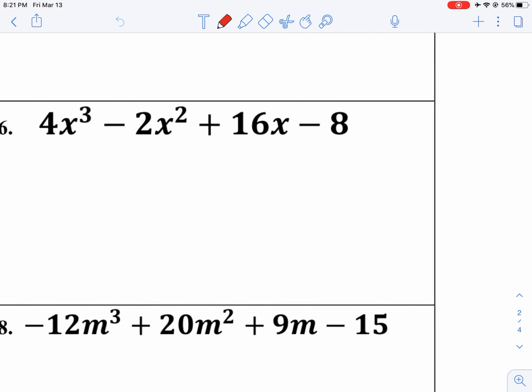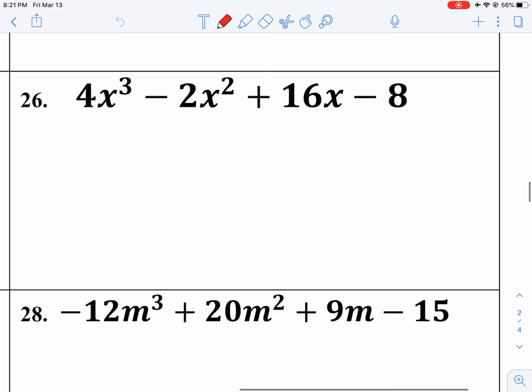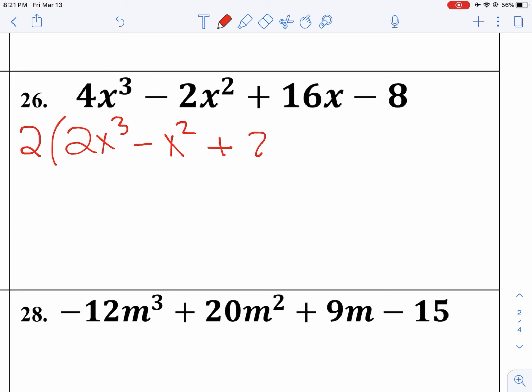So if I look at number 26, starting off, don't they have a GCF already? Doesn't 2 go into all of these? So I would have a 2 out front. Then I would have 2x to the third minus x squared plus 8x minus 4.